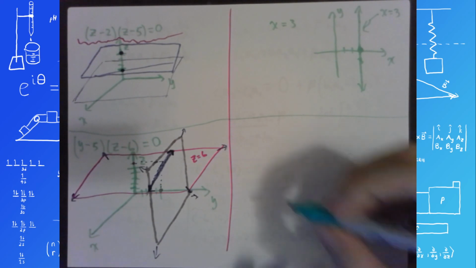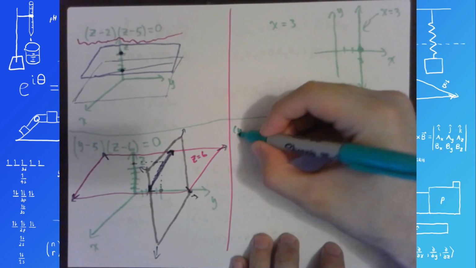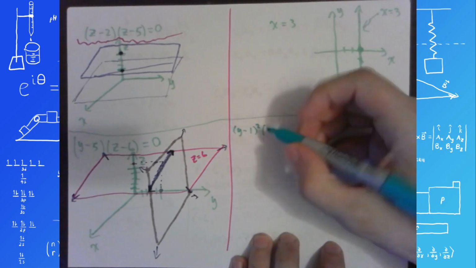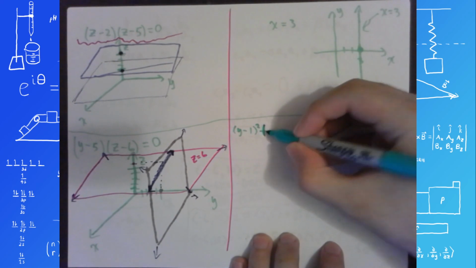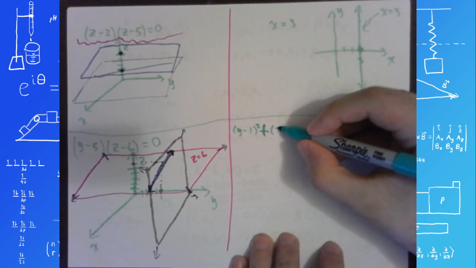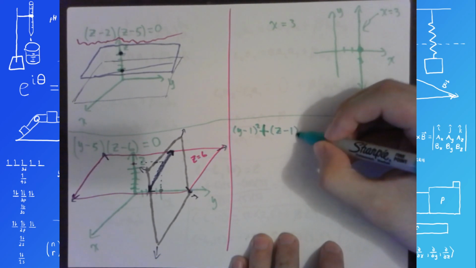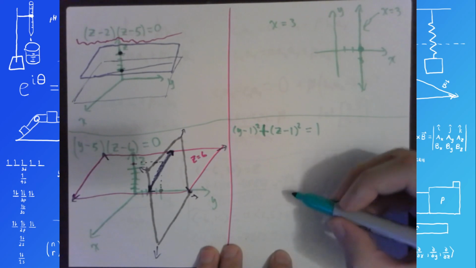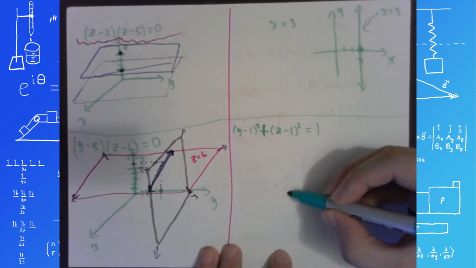So y minus 1 squared plus z minus 1 squared equals 1. Let me try and make enough space for the z this time.